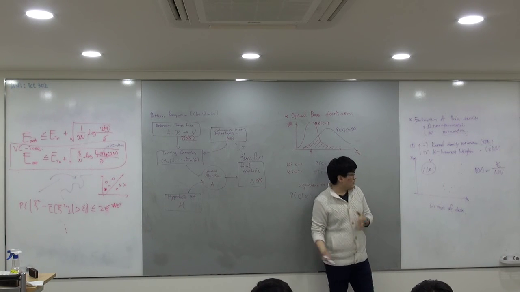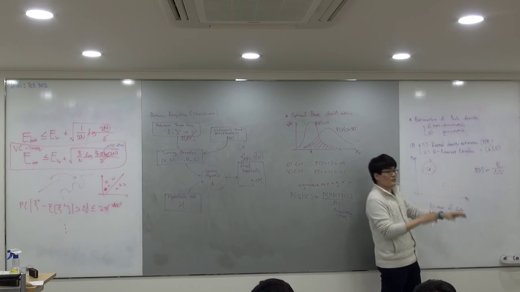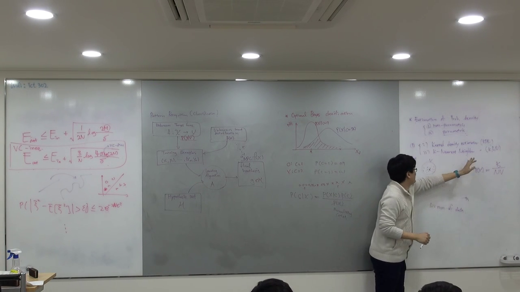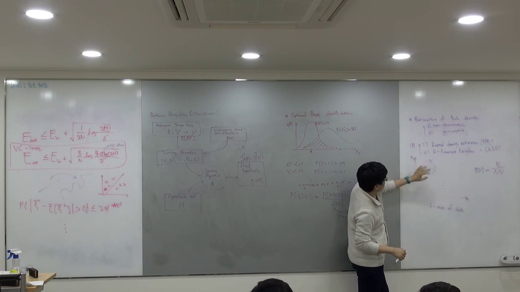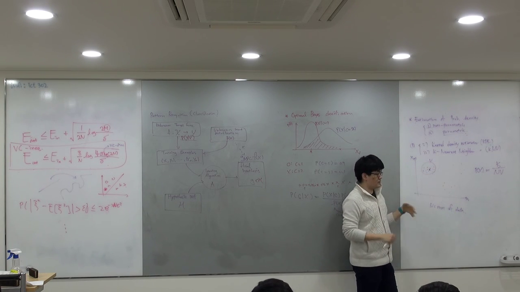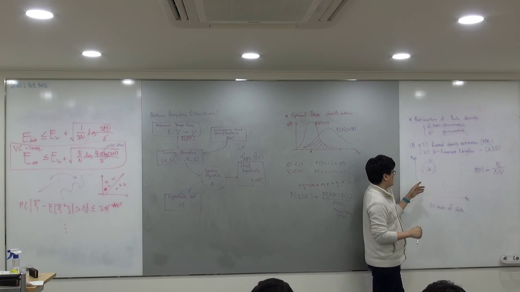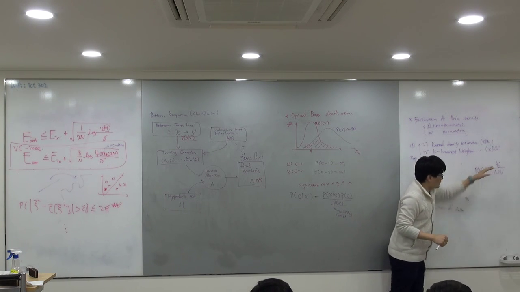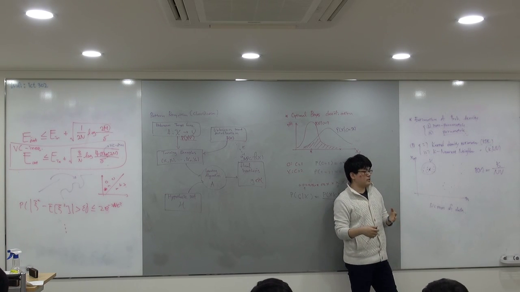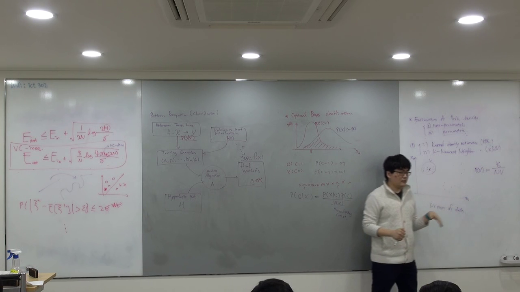So that's why K is on the upper side, in the numerator. If K is bigger, then your density is higher, but K is just an arbitrary amount, so you need to normalize by the total number of data.